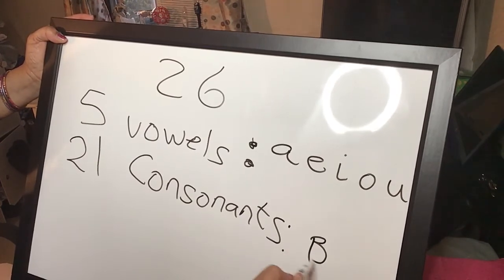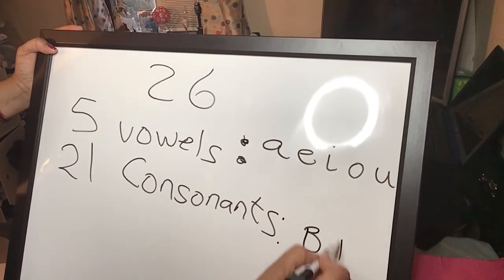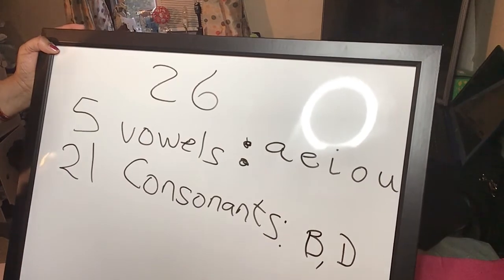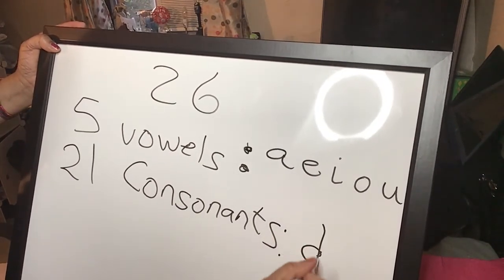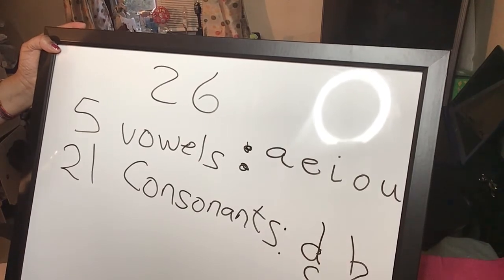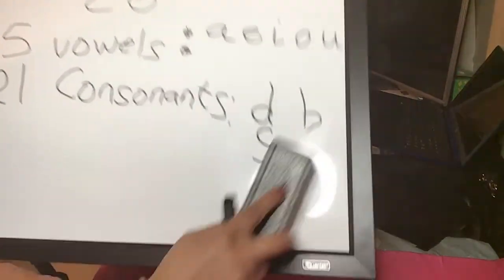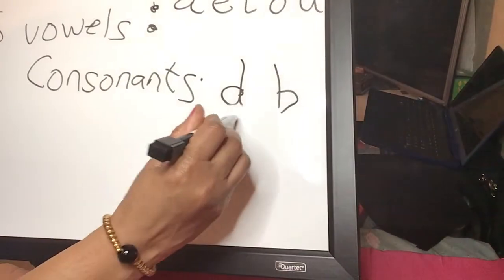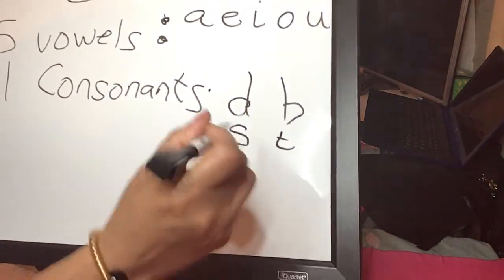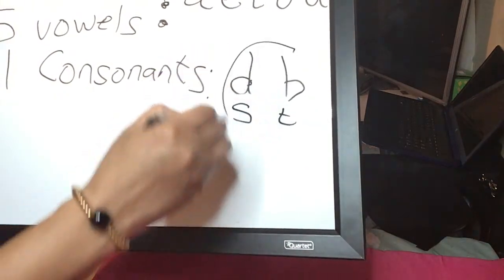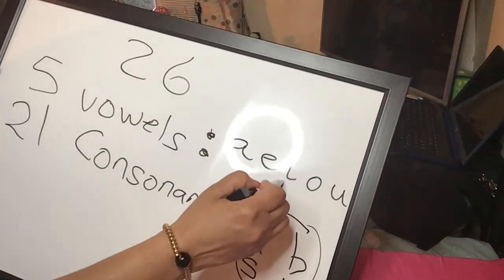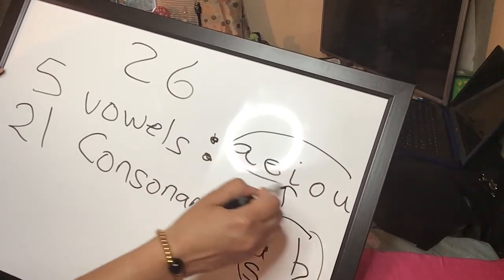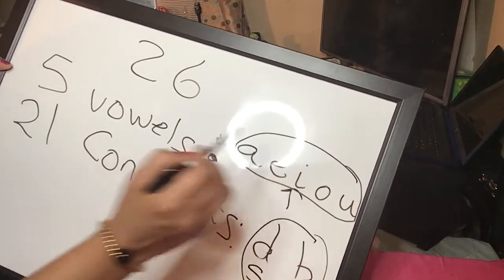Example, B, D. No, let me write these small. D, B, S, T, and so on. You combine consonants and vowels to form words.